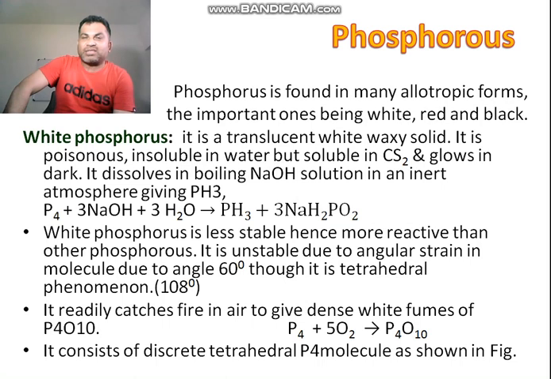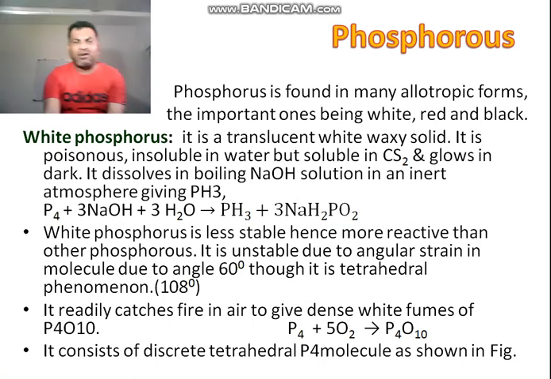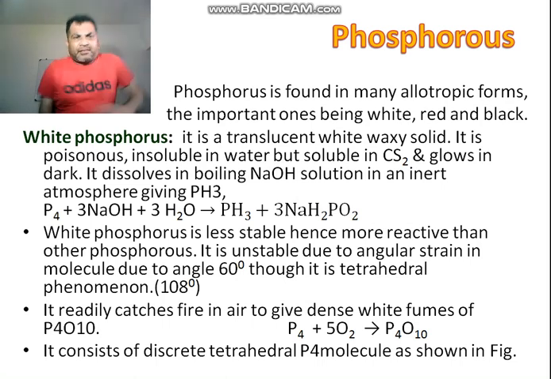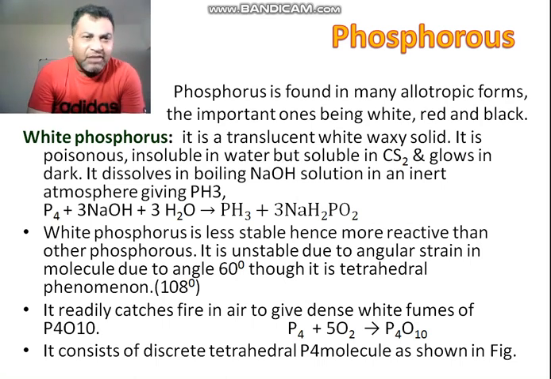It dissolves in boiling NaOH solution in an inert atmosphere, giving PH3. So this is the basic property. It can dissolve in alkali also, and when it is dissolved in alkali like NaOH, then it provides us PH3, phosphine, which is also a chemical and also a poisonous gas.